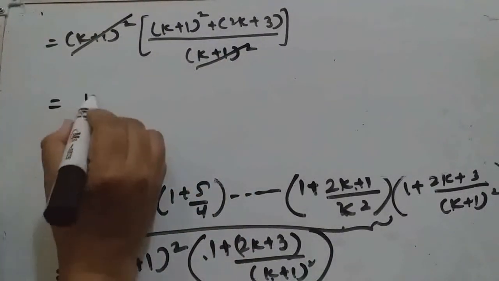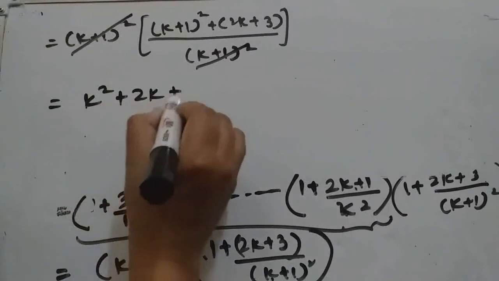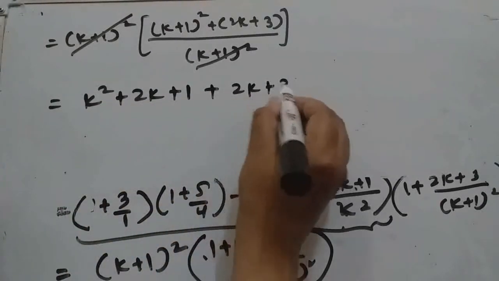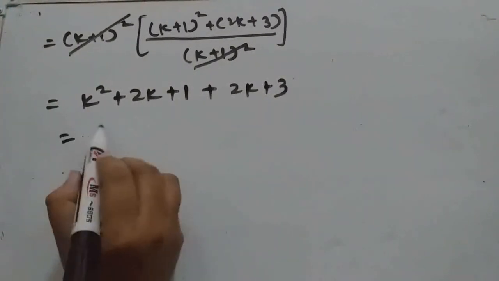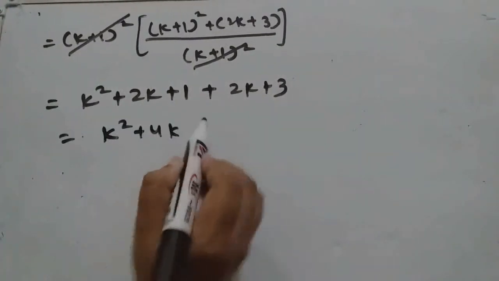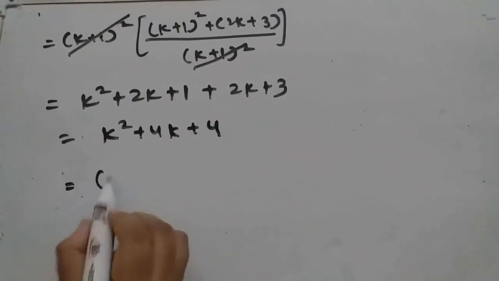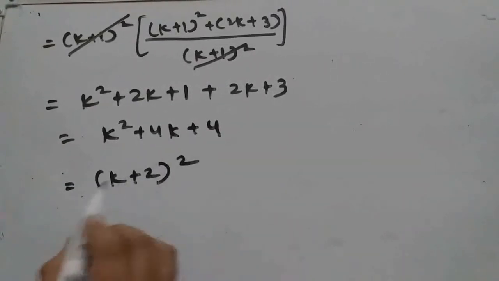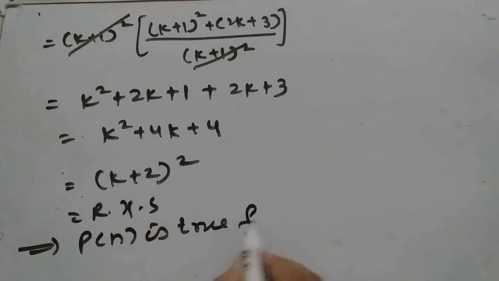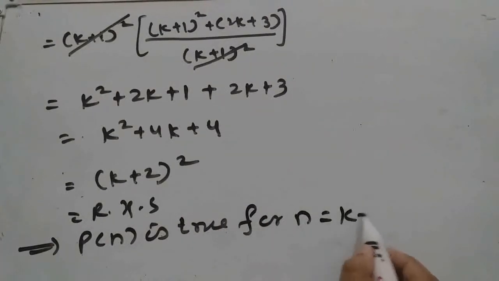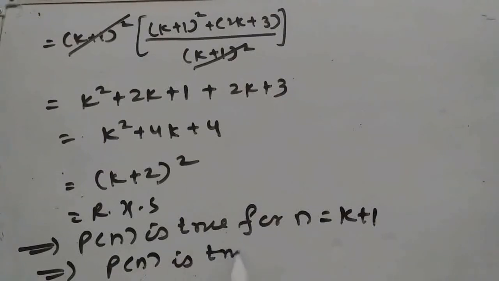Open the bracket using the identity, plus 2k plus 3. So k square plus 4k plus 4. This is (k plus 2) whole square, which is the right hand side. So P of n is true for n equal to k plus 1. That implies P of n is true for all n belonging to N.